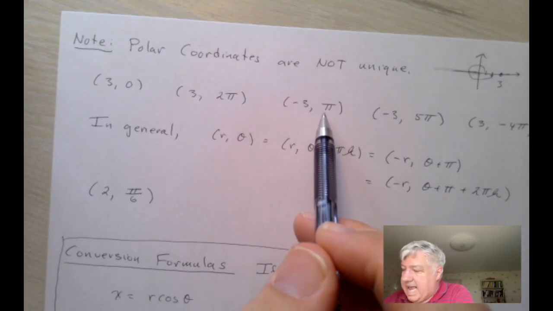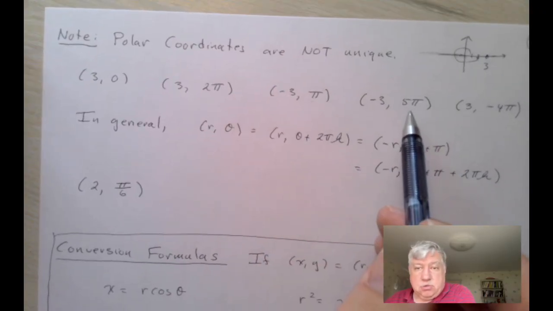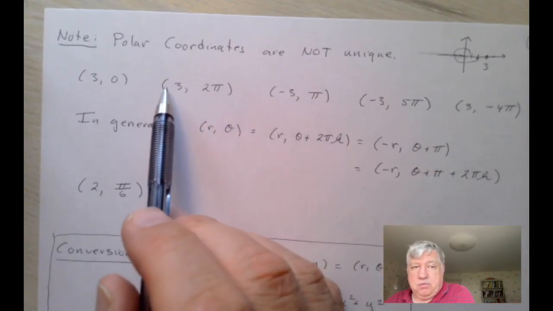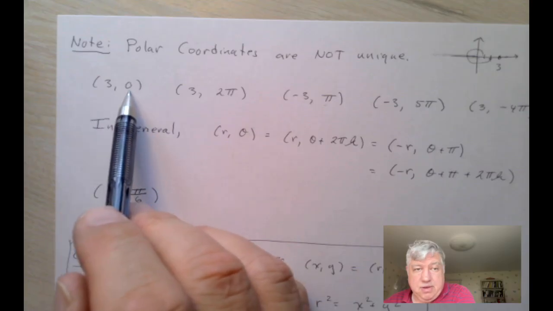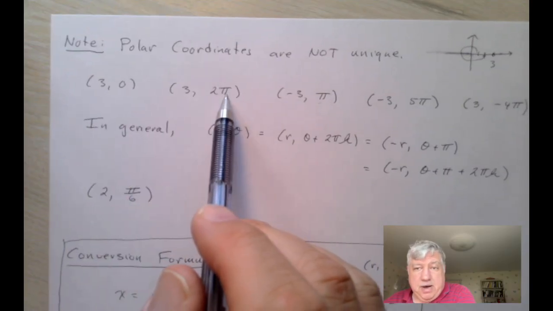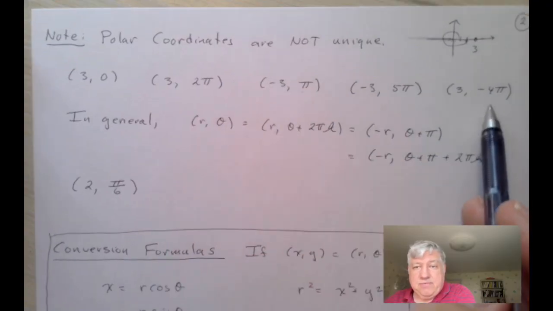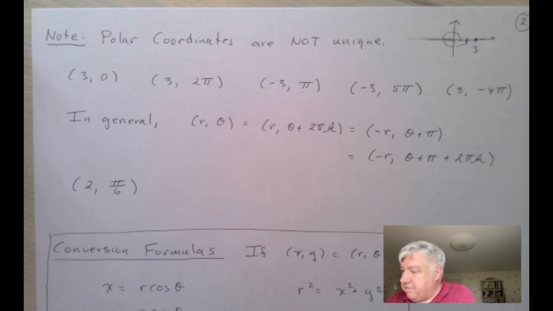Similarly, we could add any multiple of 2 pi to this angle and keep the 3 here, and it will also work. We could have 2 pi, or 4 pi, or 6 pi, or negative 2 pi, or negative 4 pi. Any multiple of 2 pi works, as long as the 3 is here.